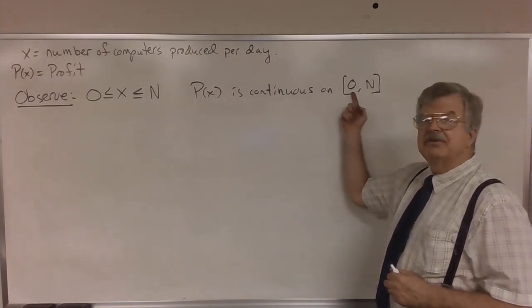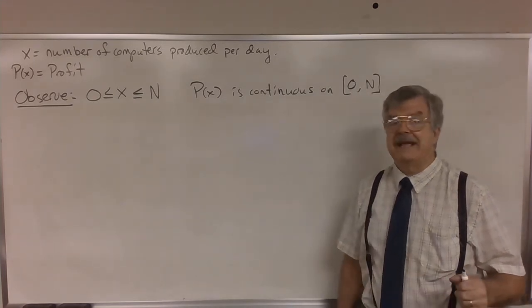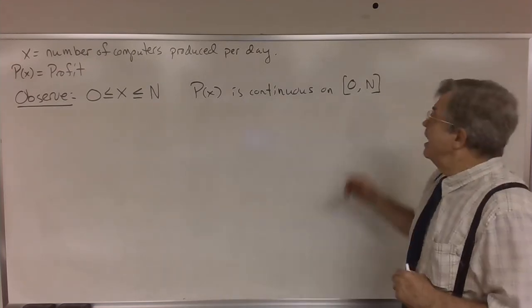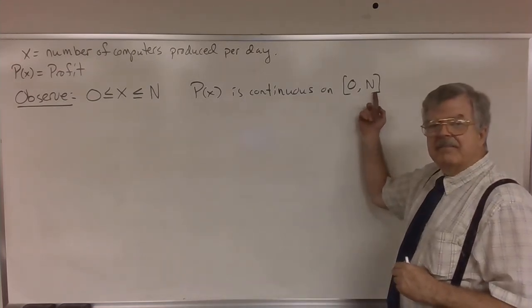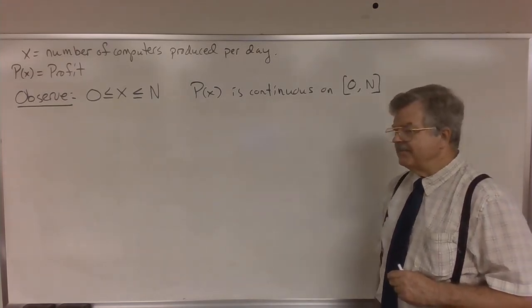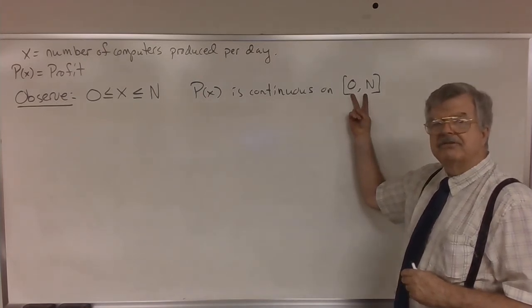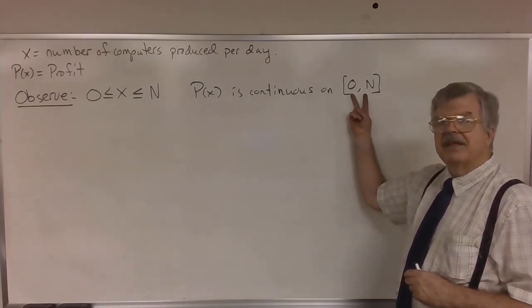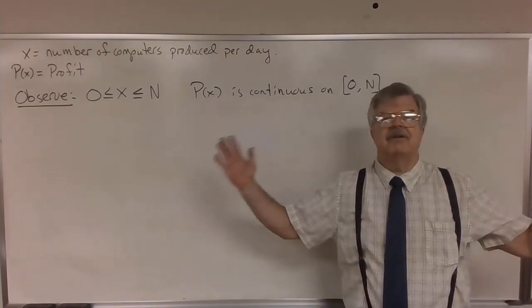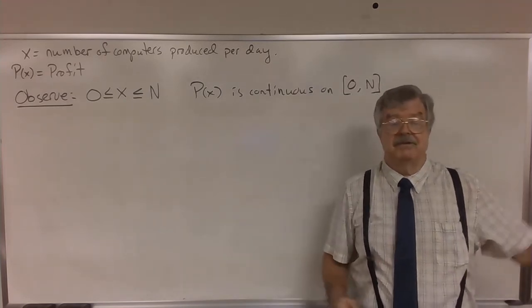I can't produce less than 0 computers per day. I can't produce negative 36 computers per day. I can't do that. And I can't produce infinitely many computers per day either. So actually, this model makes a lot more sense and is a lot more accurate than having my profit function being defined on the entire set of real numbers from negative infinity to positive infinity.